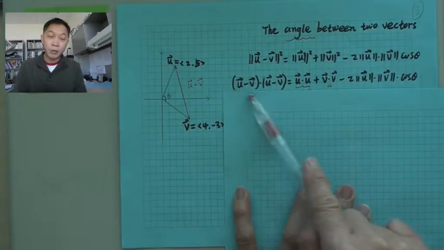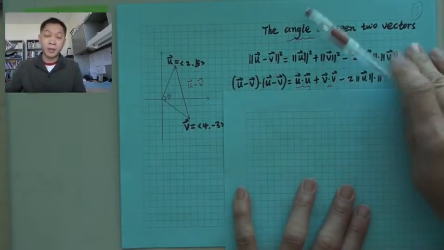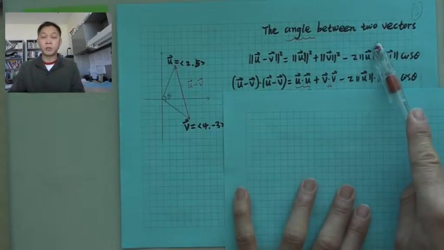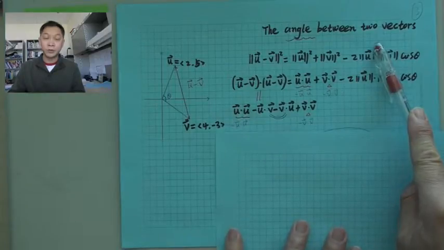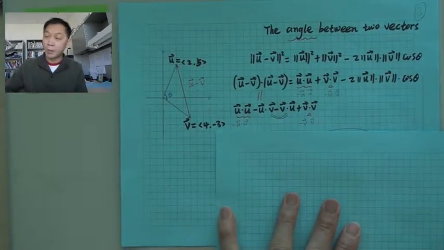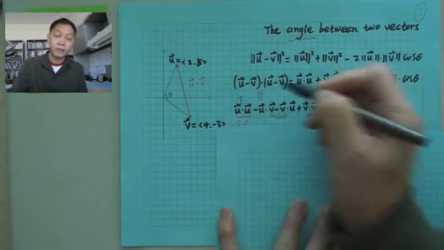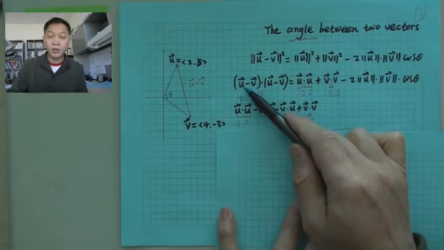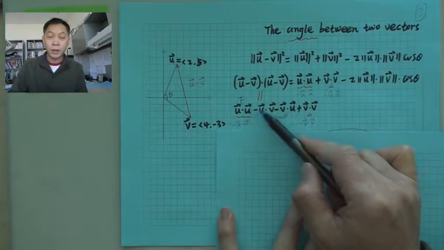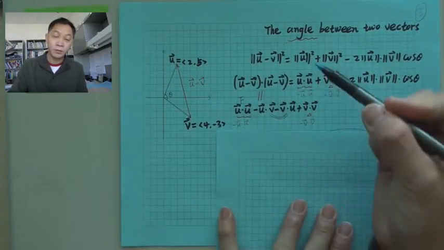Now you know the distributive property holds. Then basically we can FOIL this out. Since the distributive property holds, FOIL. Probably some of you don't remember the meaning of FOIL. F stands for first times first, u dot u, and O means outer, u dot v.